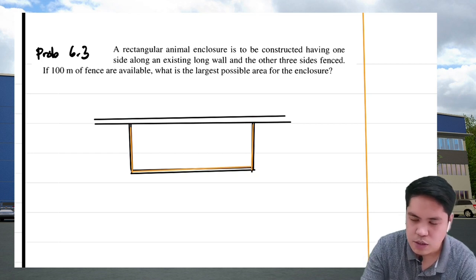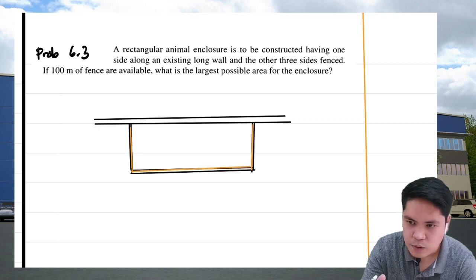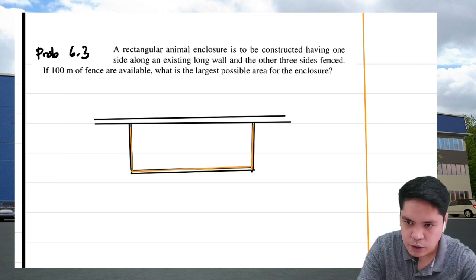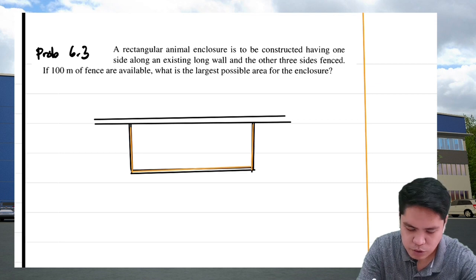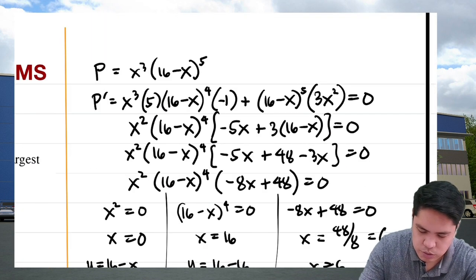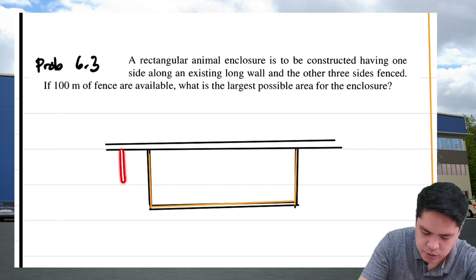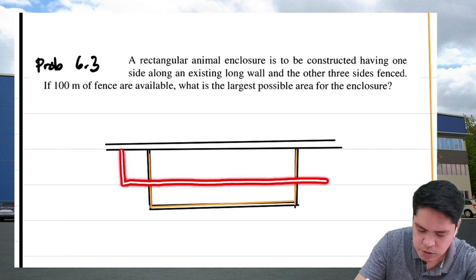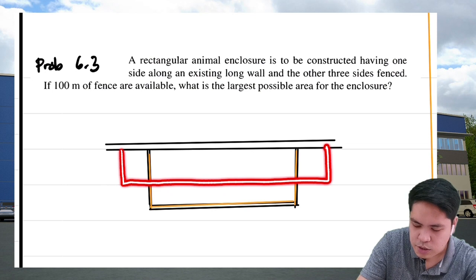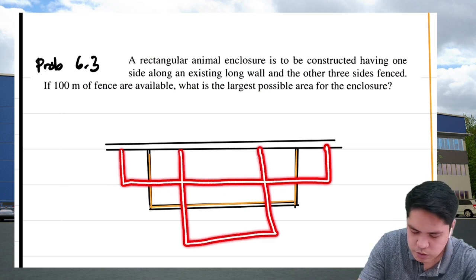You have a fixed length of fencing, but the configuration, so to speak, of your enclosure could be in many ways. So pwedeng ganito, mas malapad pero mas narrow. Pwede siyang ganyan. As long as the total of that fencing is 100. Pwede din siyang ganito. Diba?